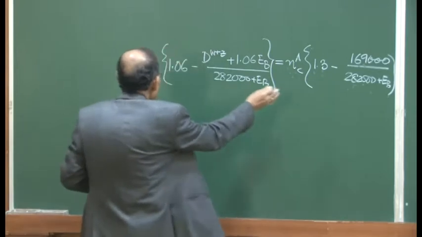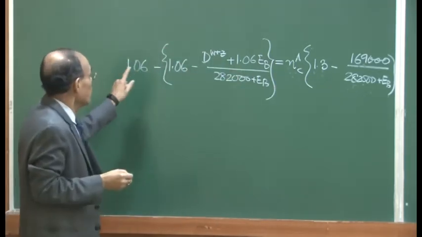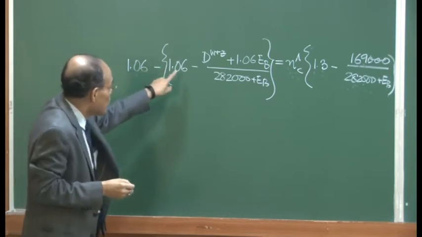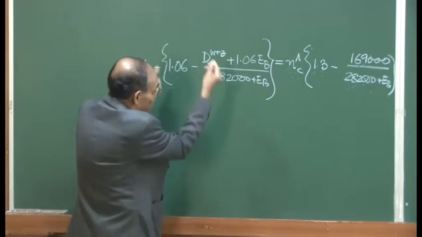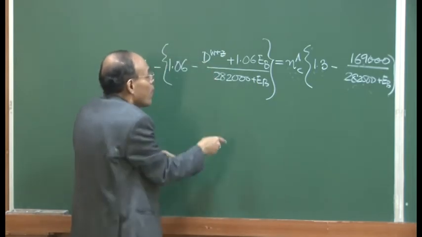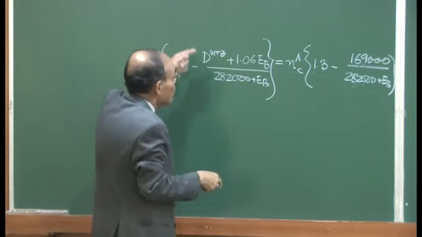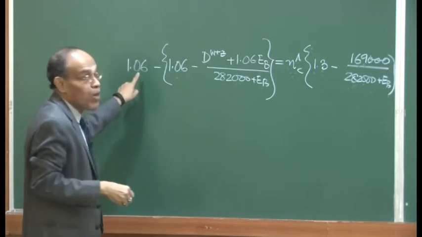All terms here are given in terms of O by Fe. This term will also come out to be O by Fe, because it is kilojoules per mole, and this is also kilojoules per mole. So, the moment you invert, it is going to be mole by mole, and the units are all homogeneous.